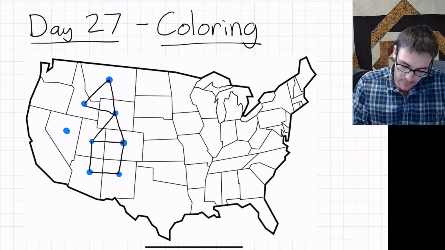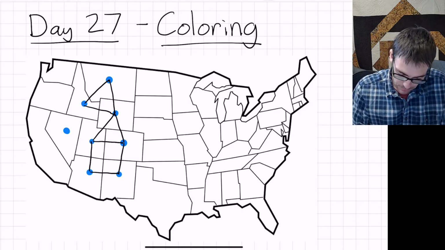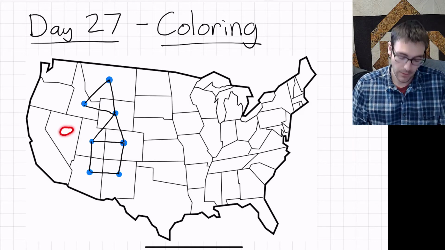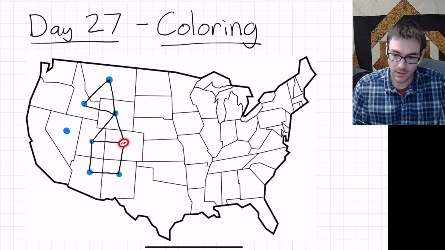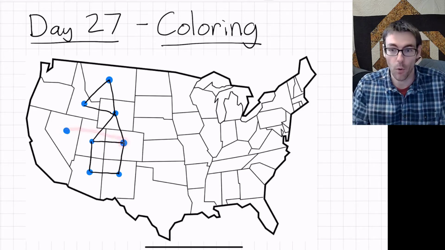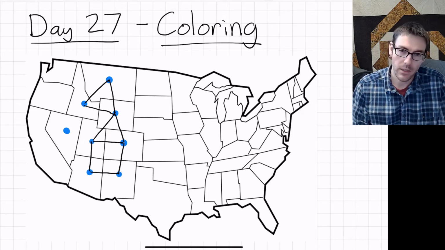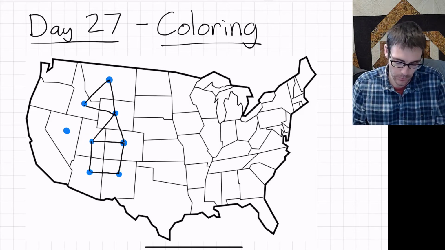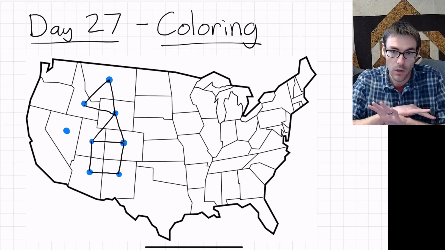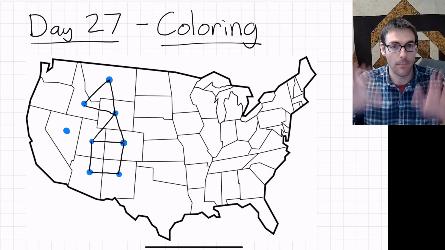We would not, for example, draw an edge between the Nevada vertex and the Colorado vertex because there is no border between those. We would not draw an edge between Utah and New Mexico because a single point doesn't count as a border. However, we want to draw all of the other edges that we possibly can.